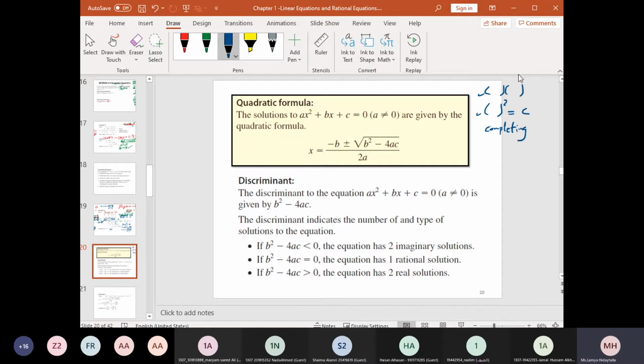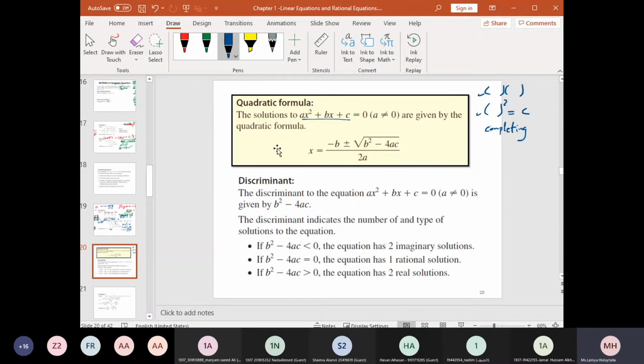Now we will have a certain formula, which we call the quadratic formula. If we have any equation like this which is quadratic, we said the highest degree of the term is 2. So this is a quadratic equation and it has 3 terms like that. How can we solve it? We can solve it also using the quadratic formula.